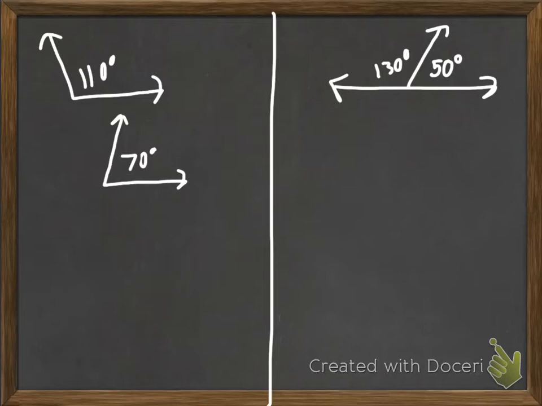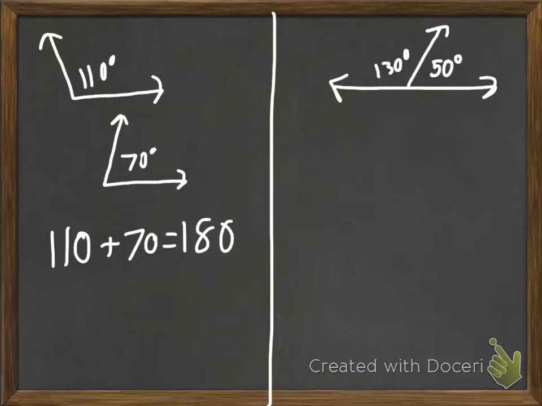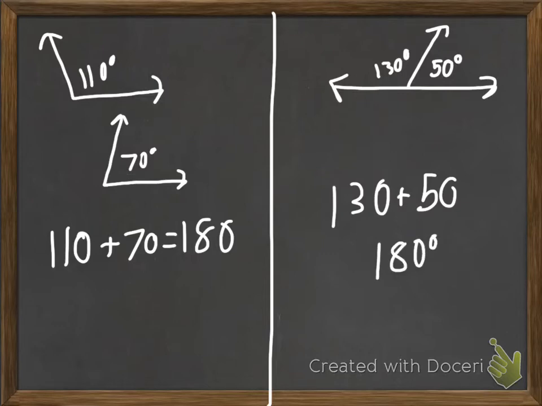Okay, well, I hope my mistake didn't give it away, but if you look here, you see that 110 plus 70 equals 180, and 130 plus 50 also equals 180. So both of these add up to 180.